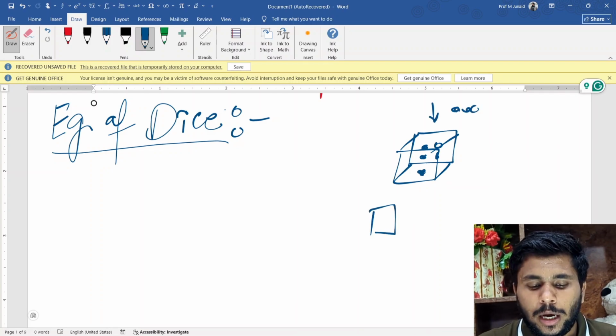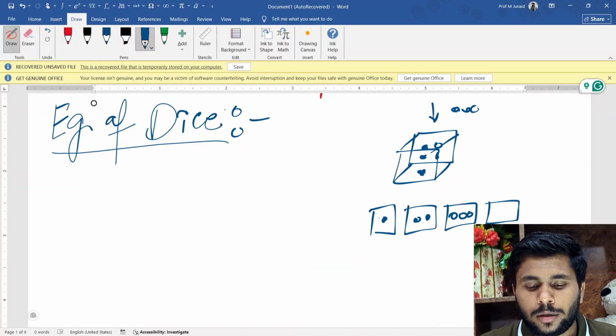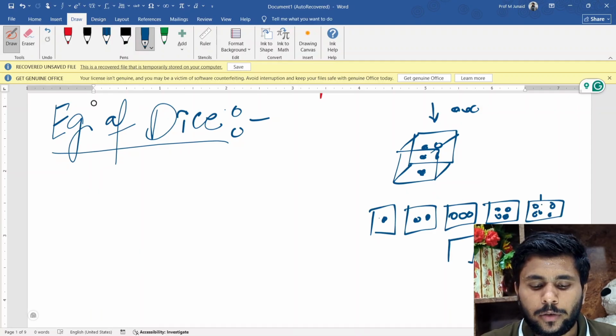Like if I draw it in a simple 2D form, it is 1 and 2 faces and 3 faces and 4, 5, and the last one is about 6 faces.